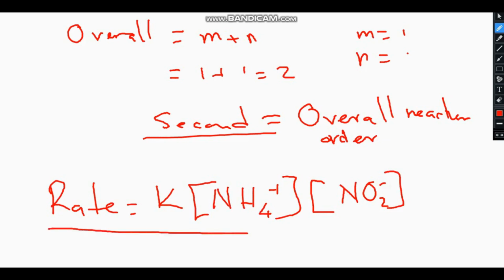So this becomes the overall rate equation.